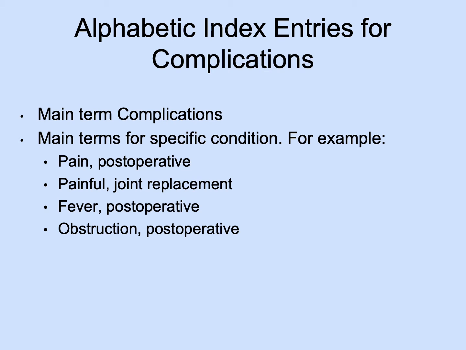So where do we find complications in the alphabetic index? In most cases, you can look up complications, and then you can find the subterm that lists the specific complication.